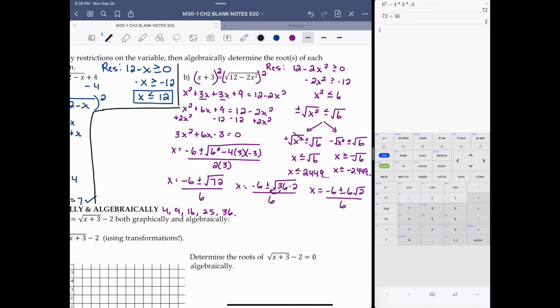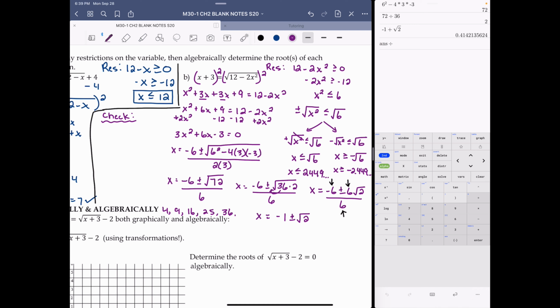Then we look at our coefficients. We have negative 6, 6, the coefficient, which is the number in front of the root, and then we have a 6 on the bottom. If all of those numbers can be divided by a common factor, then we can do that. We get x equals negative 6 divided by 6 is negative 1, plus or minus 6 divided by 6 is 1, and then square root 2.